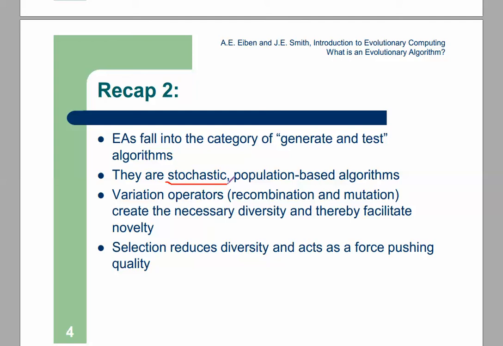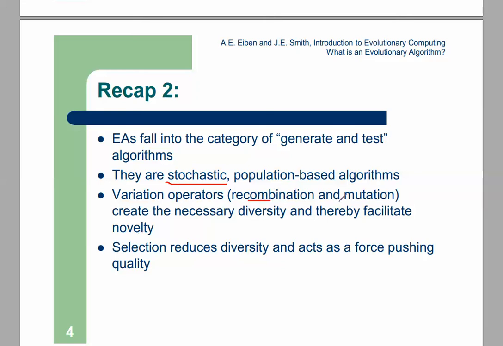EA has a stochastic or random behavior, and it is very important that you keep in mind that the behavior of the combination, mutation, selection, and other operations in the EA is stochastic or random.